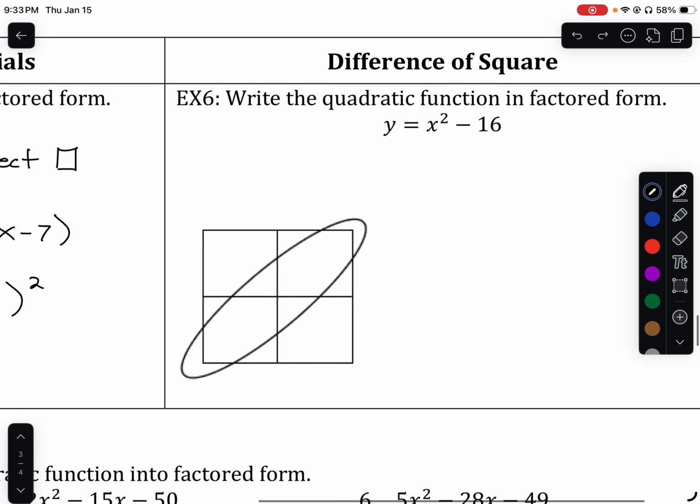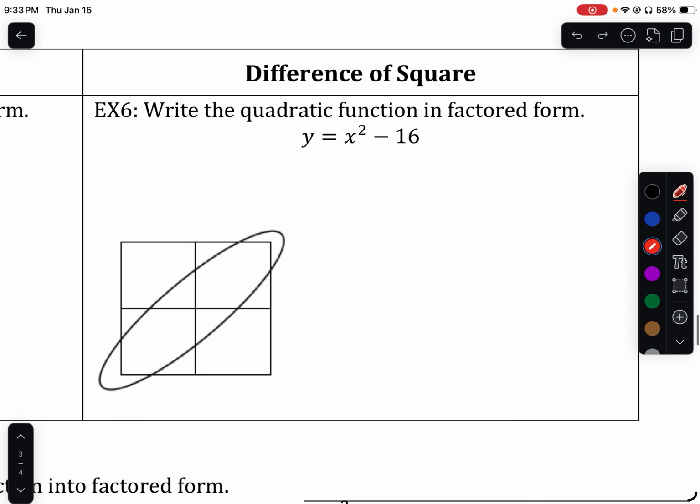And then for difference of squares, the difference is referring to that there's subtraction in the middle. Now, what you're going to see with difference of squares is that you will have only 2 terms. And they are both perfect squares because this is a 1x squared and 1 is a perfect square. 1 times 1, and the square root of 1 is 1. And then 16.